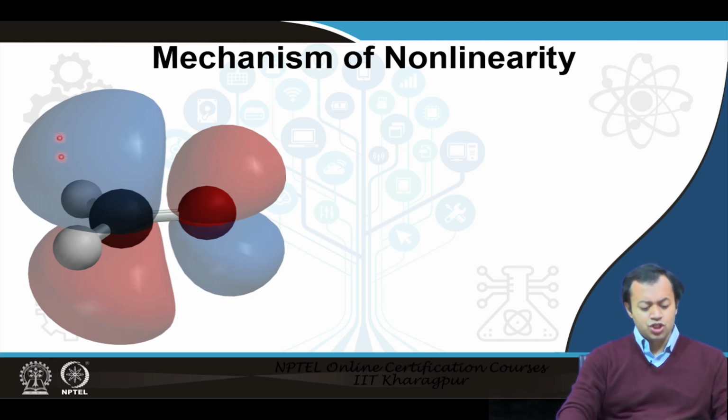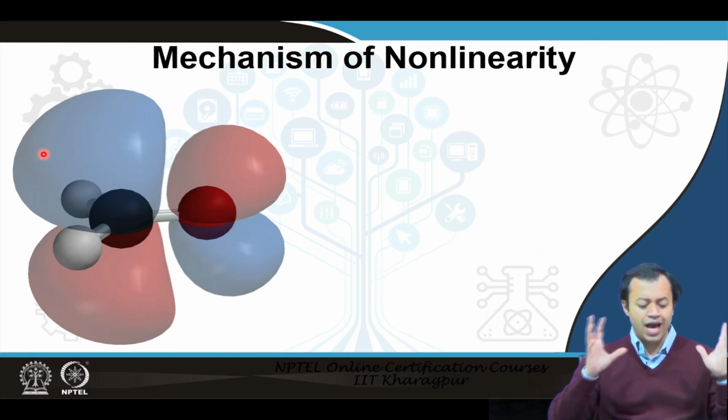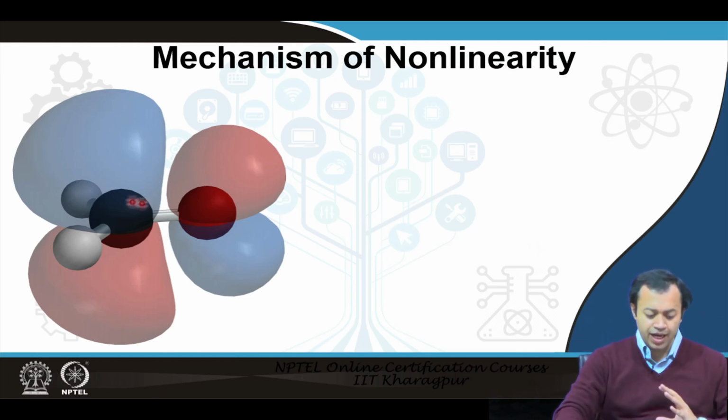Therefore, this is a schematic representation of one such conjugated molecule, and these show the distribution of the electron cloud around it. It forms a non-uniform, heterogeneous cloud, a heterogeneous distribution of electrons around the entire molecule.